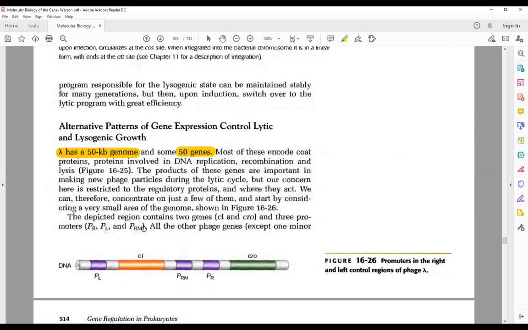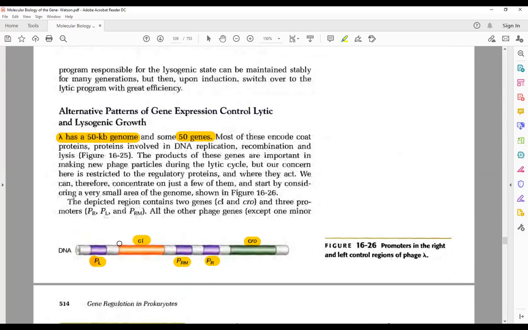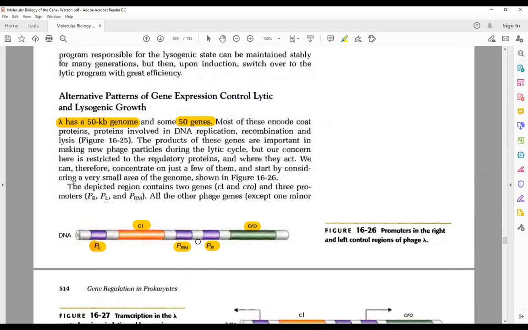But to understand the entire process, we must focus on 5 different segments: PL, CI, PRM, PR, and the CRO genes. You must remember all these genes and their locations.